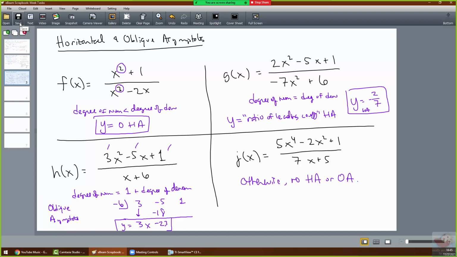Key thing to understand though is you can have a vertical asymptote and a hole in the same function, but you cannot have a horizontal and an oblique asymptote at the same time. You either have one or the other for this category.